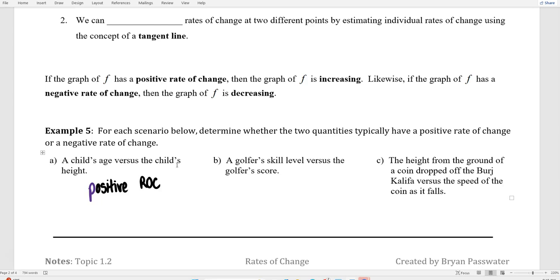Should go down, right? Because golf is a backward sport where low scores are good. So this is going to be what type of rate of change, Zane? We're talking about just positive or negative here. So our graph will be decreasing, which will give us a negative rate of change.